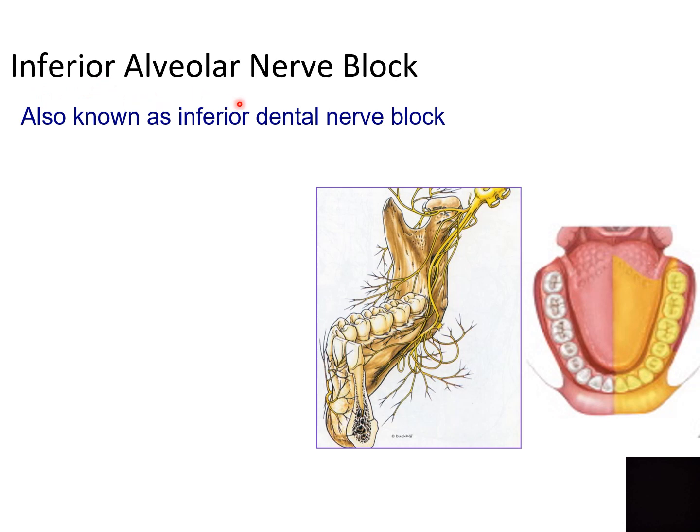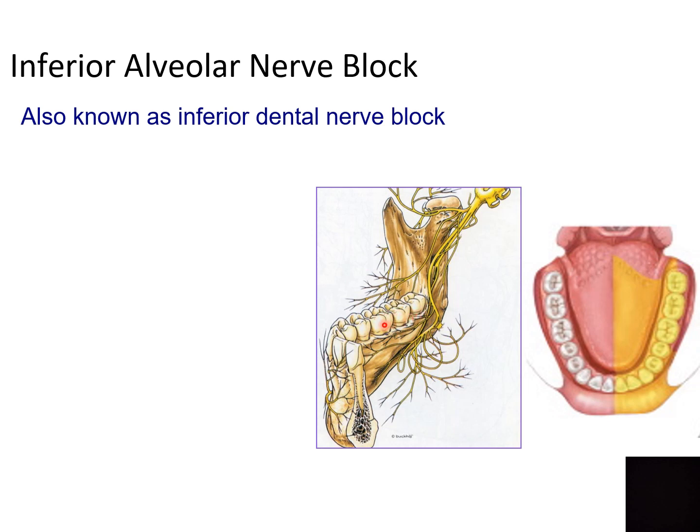The inferior alveolar nerve block, also known as the inferior dental nerve block, is the only nerve block which is mandatory for you to learn during your undergraduate training. As you would know, the inferior alveolar nerve arises from the posterior division of the mandibular nerve, enters the mandibular foramen, and supplies all the teeth in the mandible, including incisors, canines, premolars, and molars.